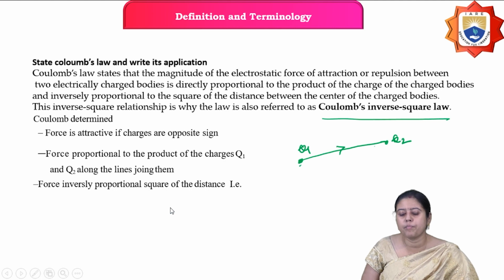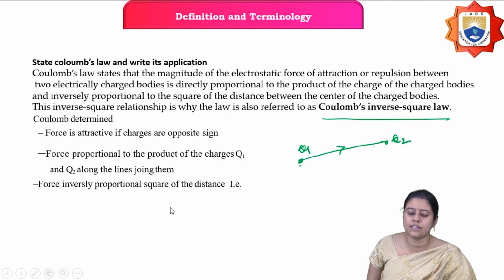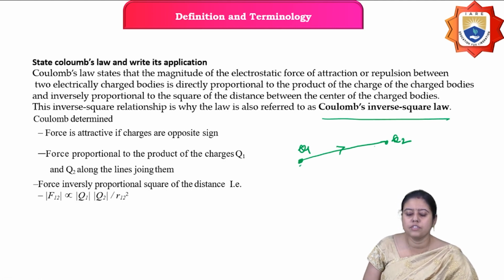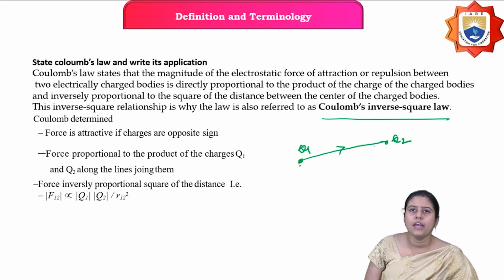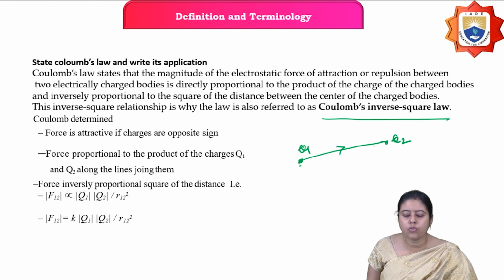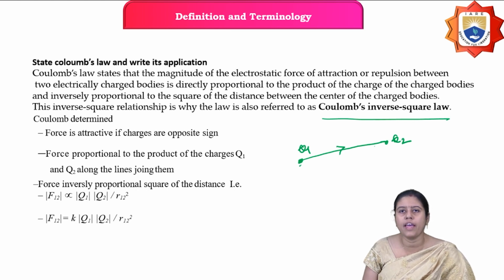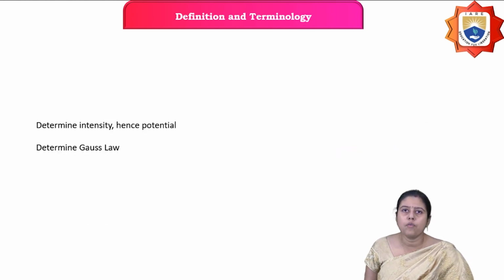Force is inversely proportional to the square of the distance. So we can write force is equal to 1 by 4 pi epsilon, Q1 Q2 by R12 square. Or we can write force is equal to K Q1 Q2 by R12 square.